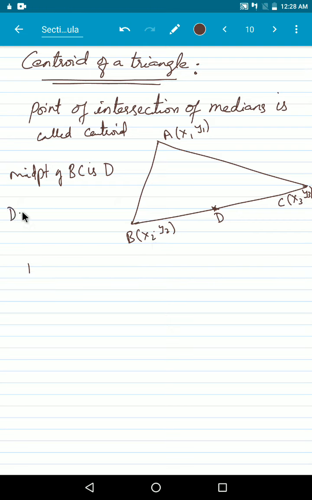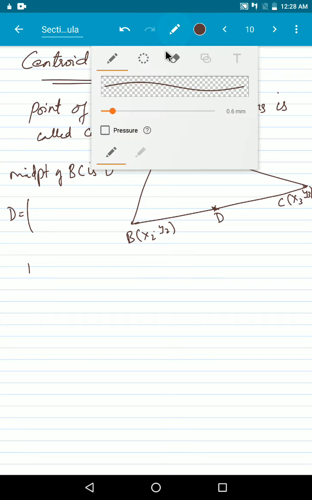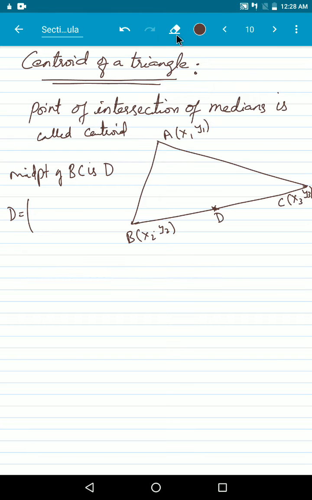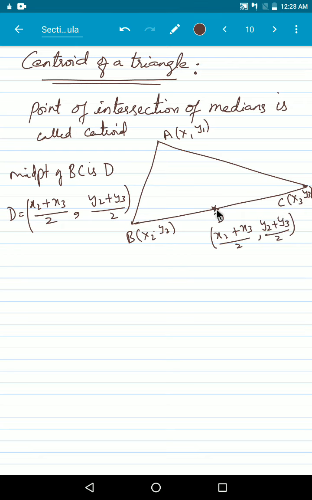So D will be equal to how much? x2 plus x3 divided by 2. See, addition of x values, addition of y values divided by 2. So this will be the value of D now. (x2 plus x3) by 2, (y2 plus y3) by 2. These are the coordinates of point D.